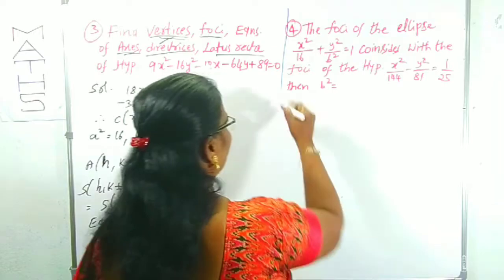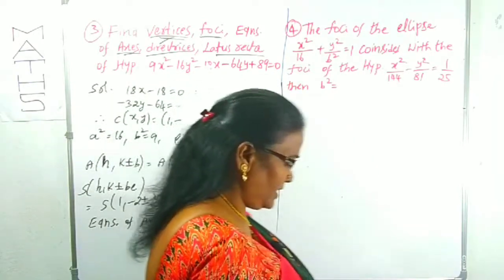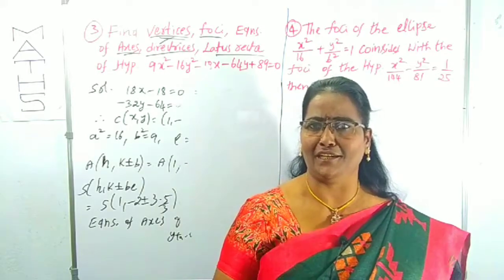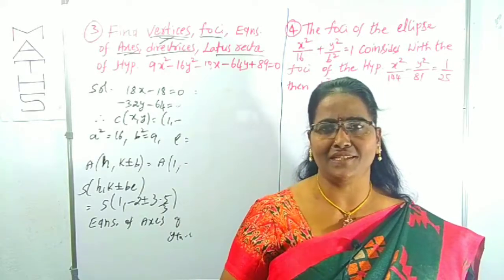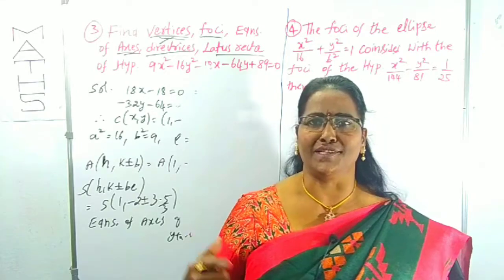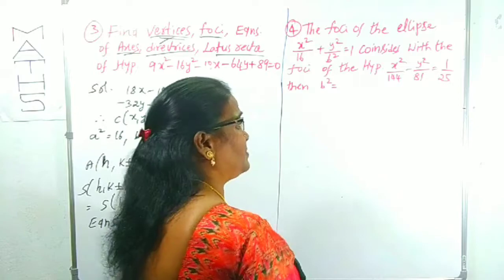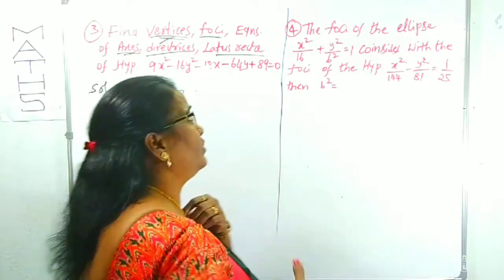While reading the question, take care. If you make mistakes, you can get a wrong answer. That's why you should read the question sentence by sentence, especially in a theoretical chapter. Here, what is given?